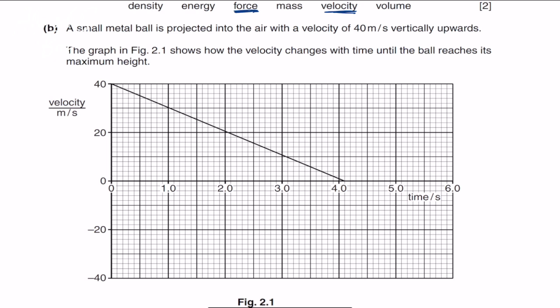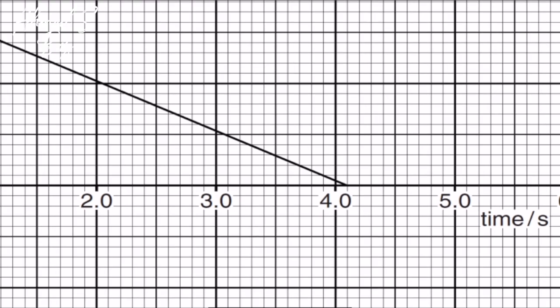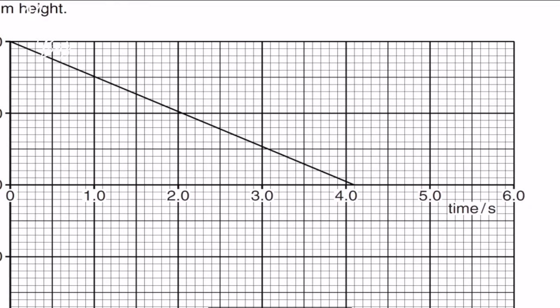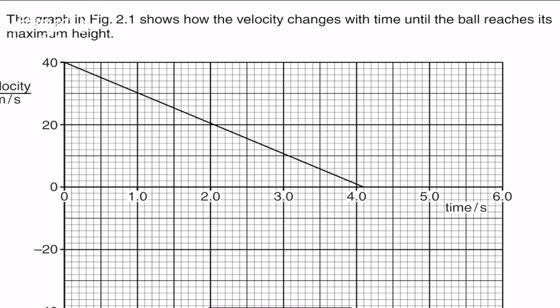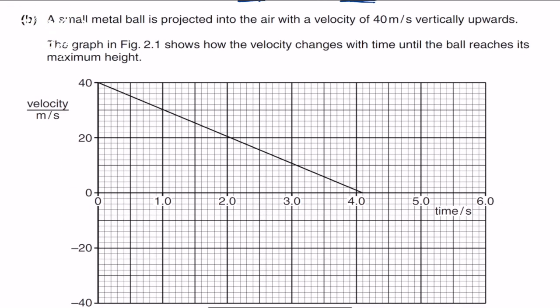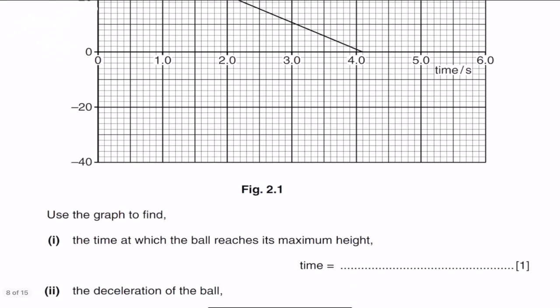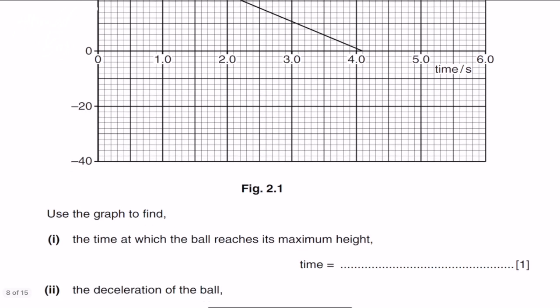So when it reaches the maximum height, and it happens after some time, this is what I can see from the graph. The time here is 4.1, as I can see. After 4.1 seconds, the body stopped at the maximum height, and the velocity, as you see here, is 0. Fine. Let's see the questions. Use the graph to find the time at which the ball reaches the maximum height.